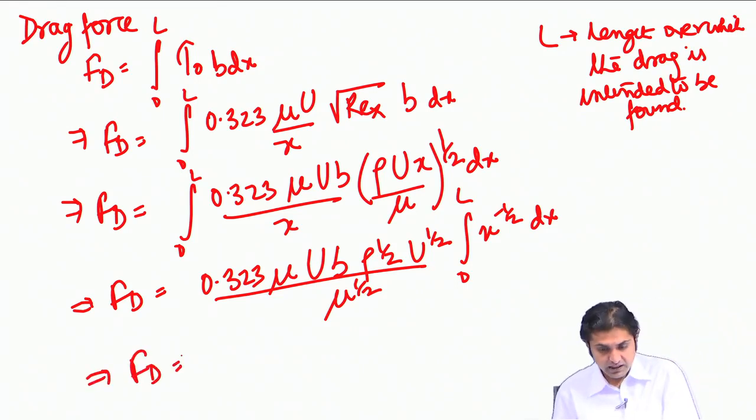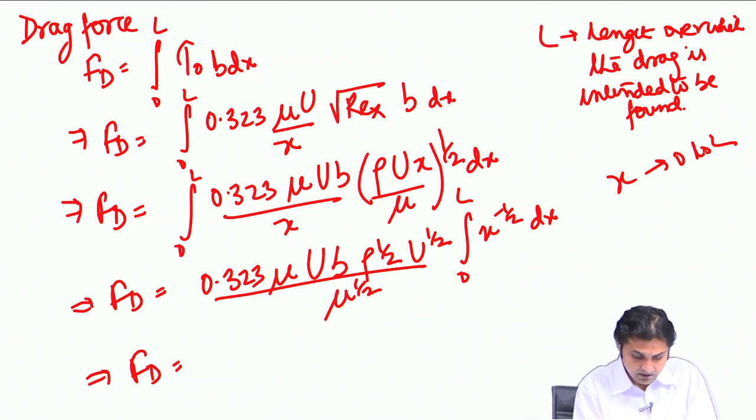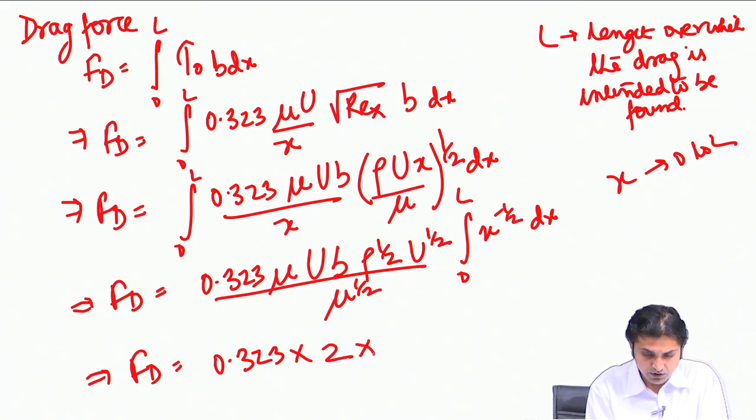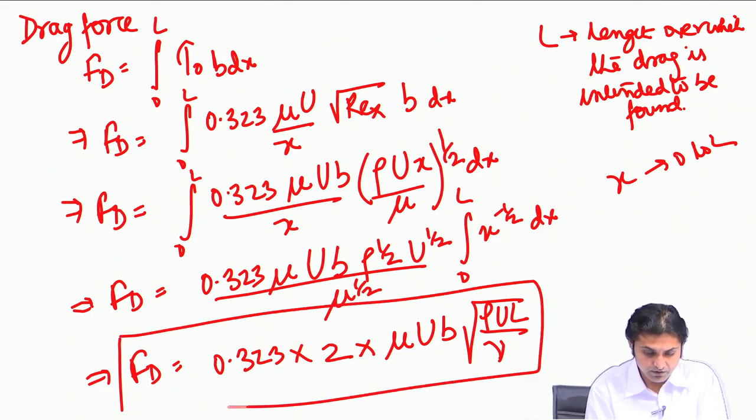After integrating and substituting the values of x from 0 to L, Fd will be 0.323 into 2 into mu capital U b into under root rho U L by mu. So this is the drag force.